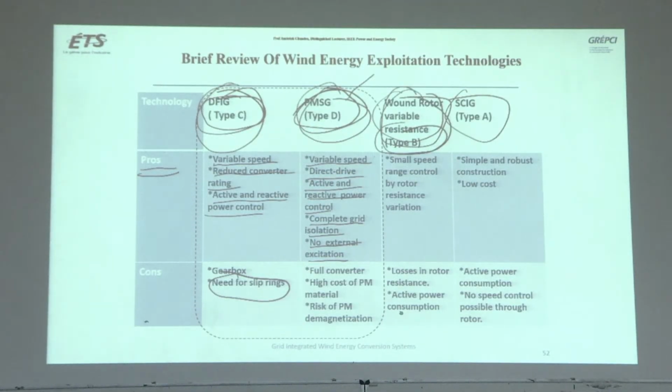Okay, wound rotor variable, you have small speed range control by rotor resistance variation. This you might have studied in your undergraduation, you change the rotor resistance, right? So the characteristic is something like this, right? So if you change the rotor resistance, this is quadrant 1, 2, 3 and 4, right?